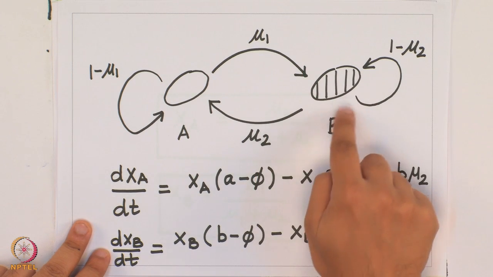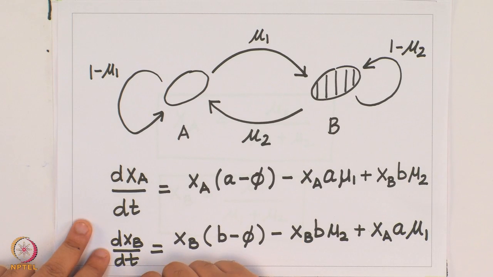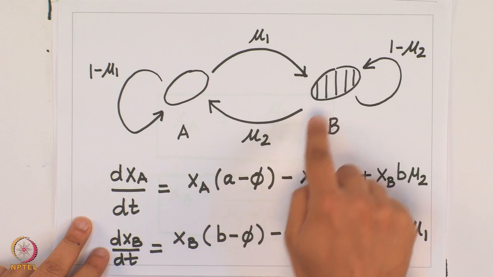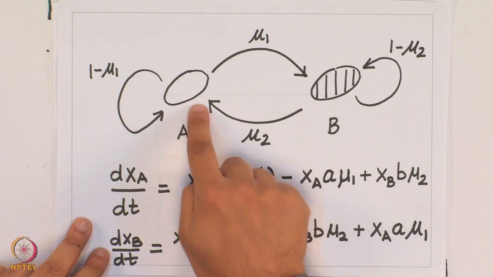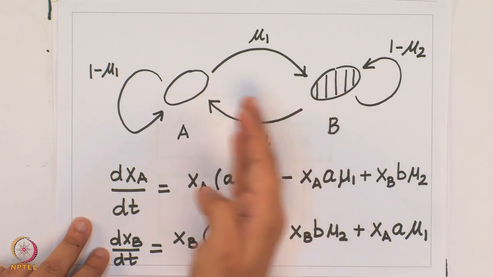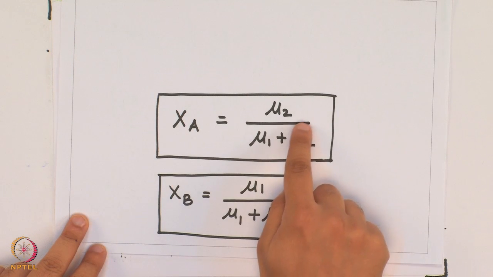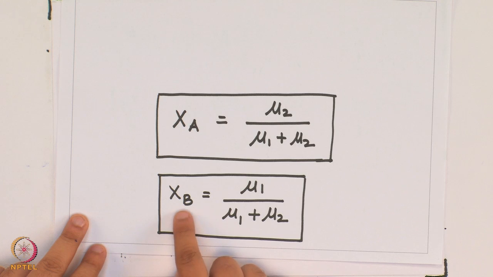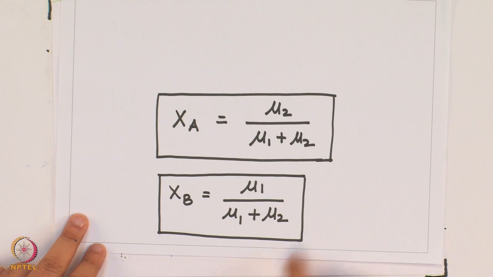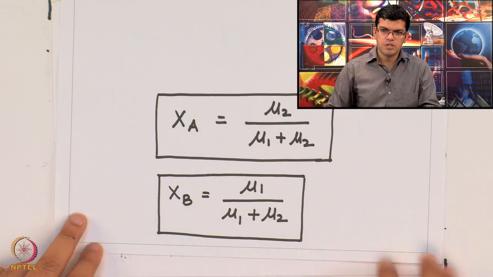That means genotype B is replicating, and every once in a while it makes an error resulting in genotype A. In this scenario, it is easy to imagine that individuals will continuously keep moving to genotype A, whereas this arrow is equal to 0, and hence eventually all individuals will belong to genotype A, which is what our result shows: xa is equal to mu 2 divided by mu 1 plus mu 2, and xb is mu 1 divided by mu 1 plus mu 2, and should mu 1 be equal to 0, xb would automatically come out to be 0, and xa would automatically come out to be mu 2 divided by mu 2, which is equal to 1.